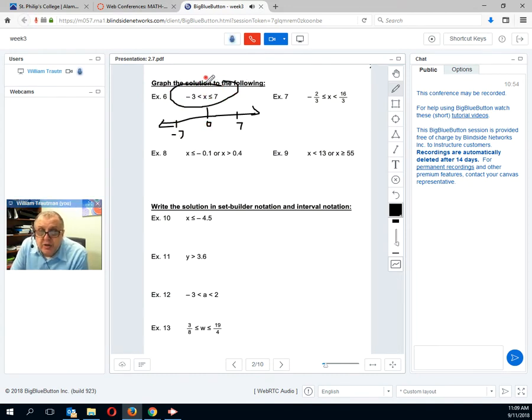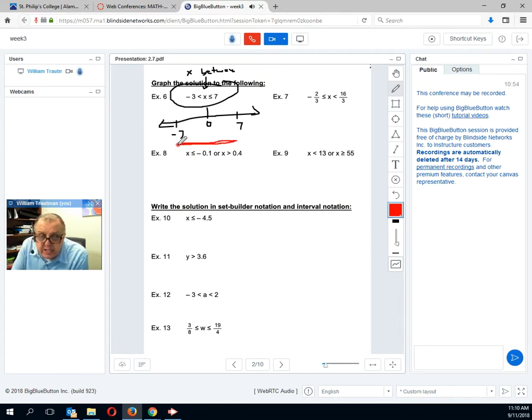Do you see how x is between these two numbers? And that's exactly how you should say it. X is between -3 and 7. So I'm going to draw the actual graph below this line since I ran out of room.